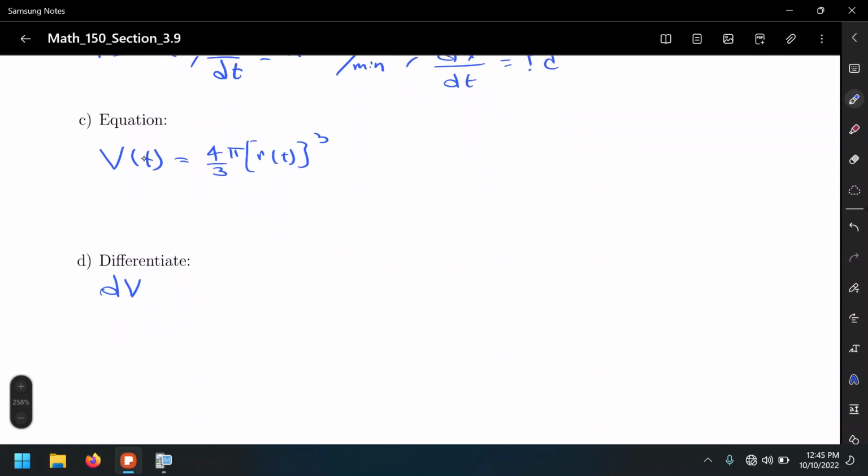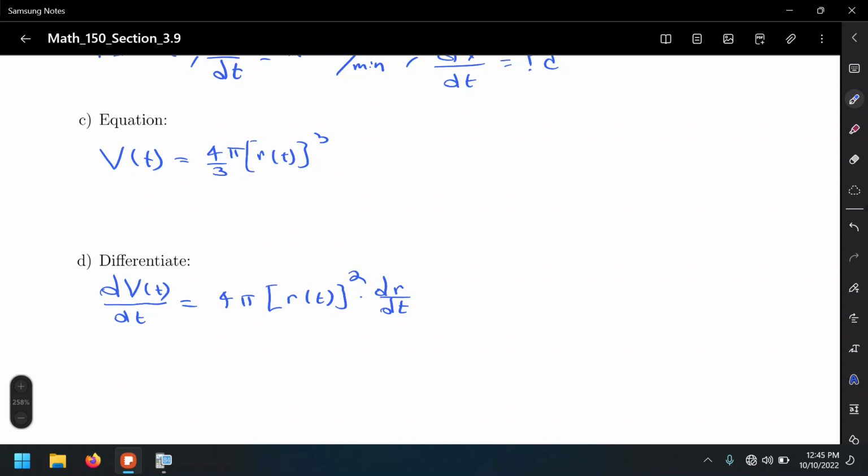Notice how this volume depends on time, that's dV/dt. And that's going to be 3 times 4/3, that's 4 pi r of t. 3 minus 1 is 2, but furthermore this radius changes with respect to time, so that's why we multiply by dr/dt.